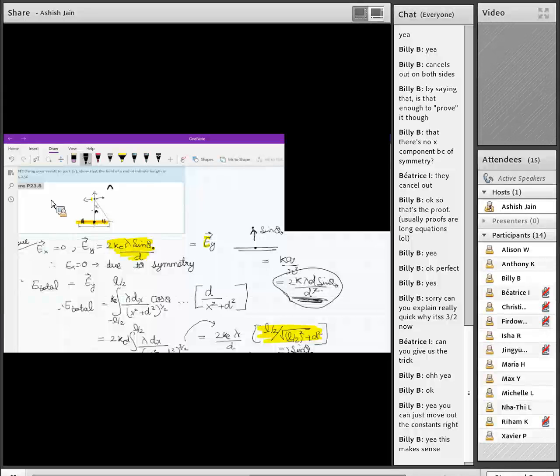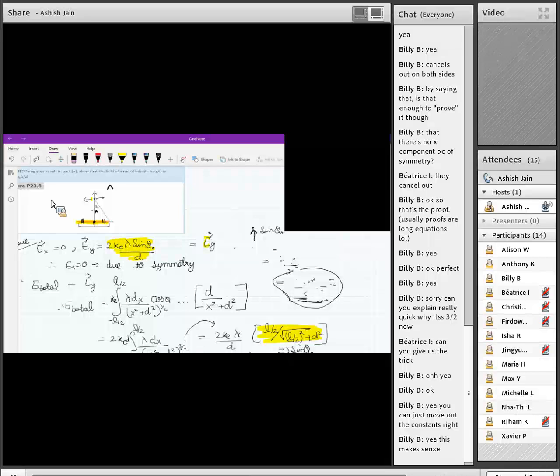My TA told me that this makes sense, but your prof is going to give you 0 on that. Okay, let me delete it from here so that it won't confuse anybody.